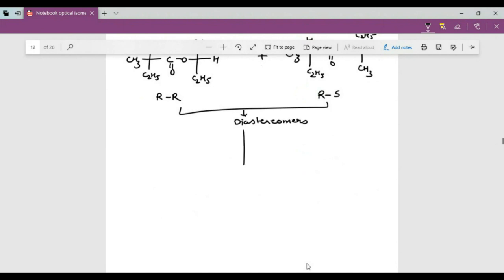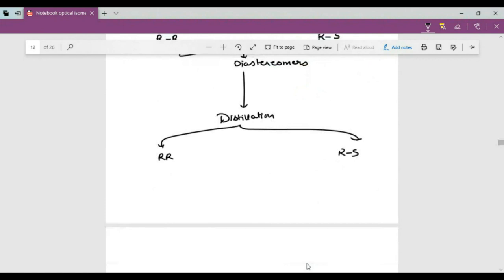Now I will separate them by distillation. RR in one container, RS in another container, because they will have different boiling points. Now I will hydrolyze.